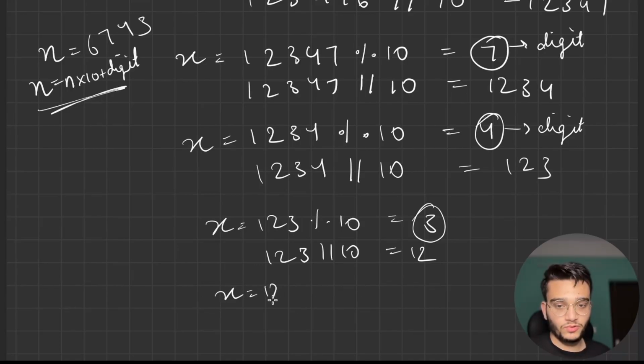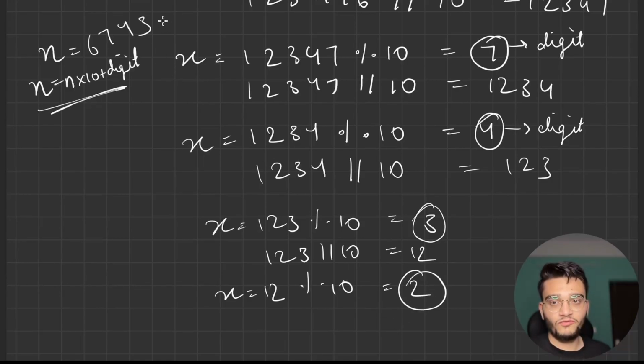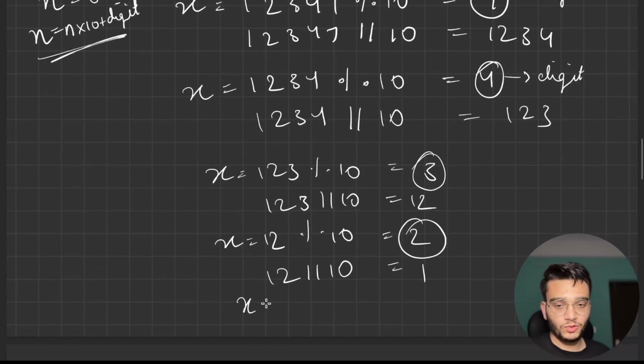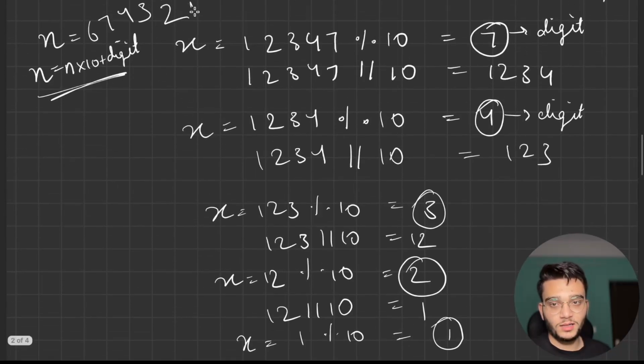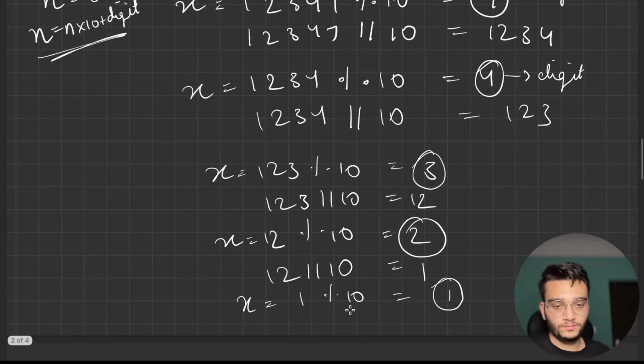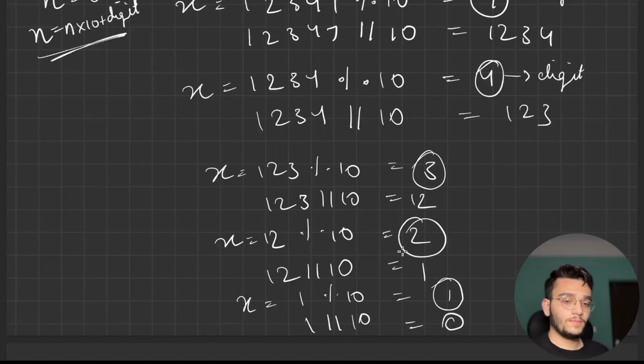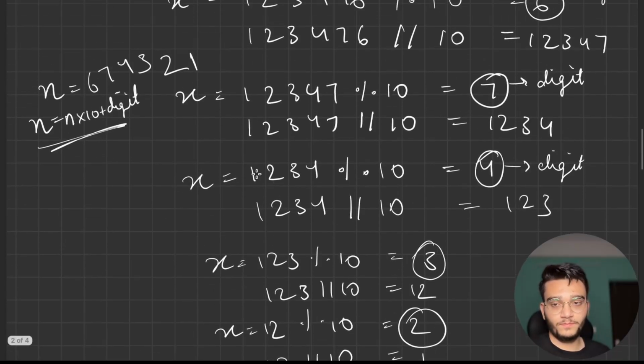Now again x equals 12 modulo 10 gives 2, this 2 will be added here, and the integer division would give you 1, and our x would be equal to 1 modulo 10, which will give you 1 again. This 1 would be added here, and your 1 integer division by 10 would give you 0. Fine, and the algorithm will stop.